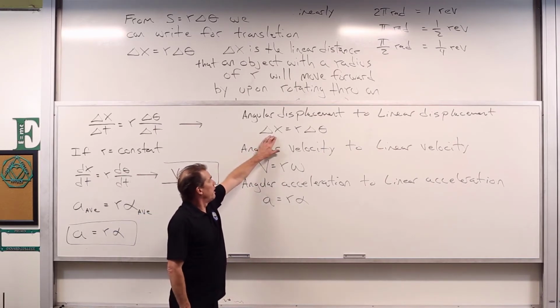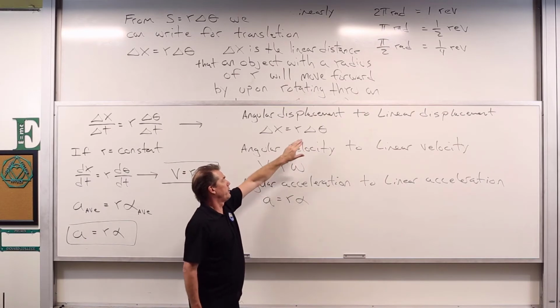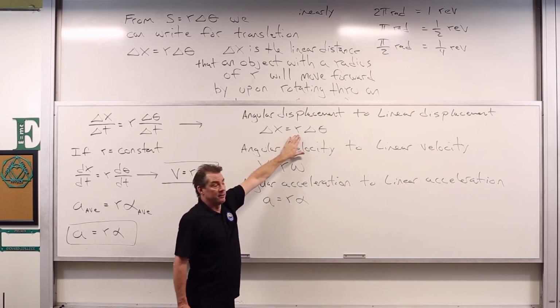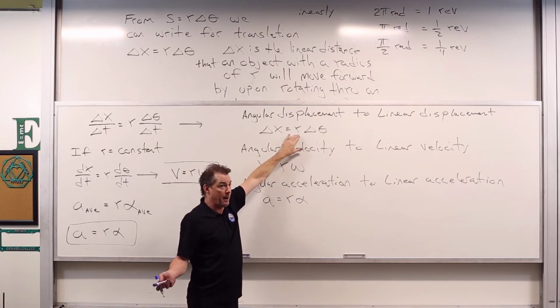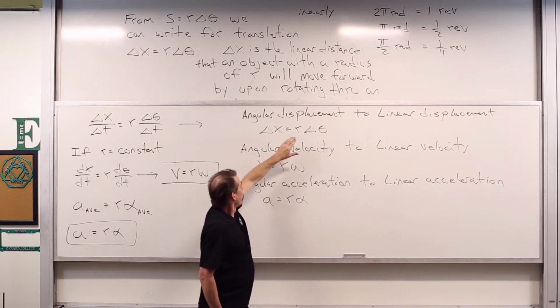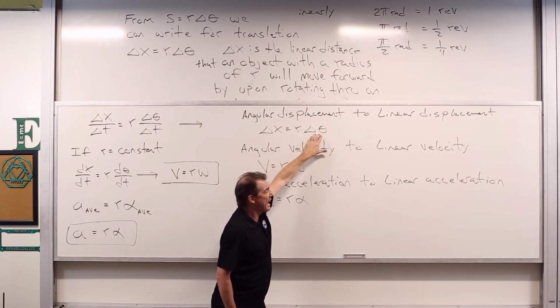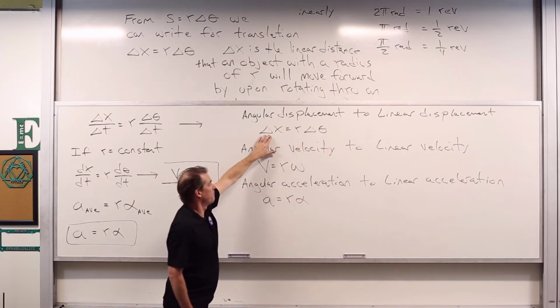What are the units of linear displacement, delta x? SI units would just be meters. Well, the radius in SI units is some amount of meters too, so distance. Which means that radius, distance, times the angle has to be just meters.